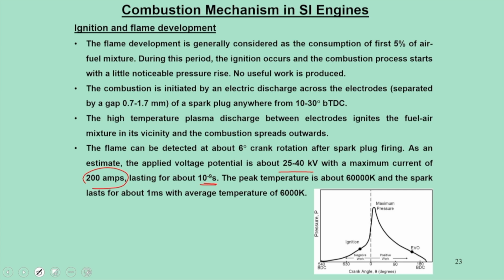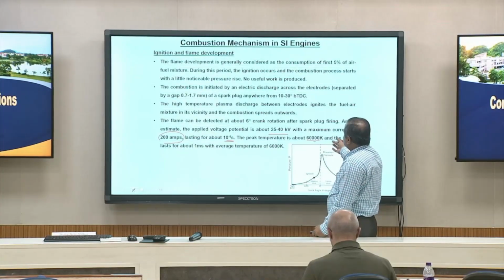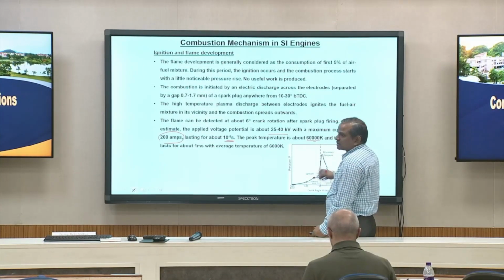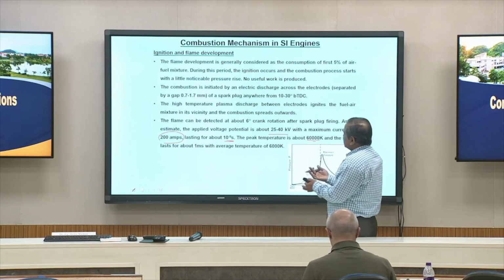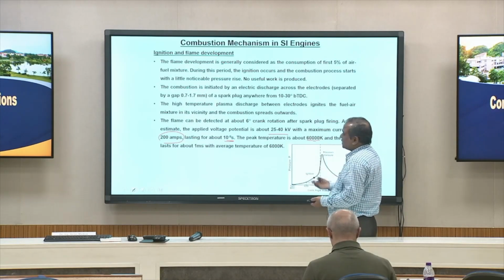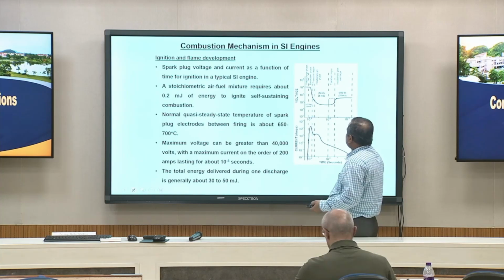And during this time the temperature shoots up to a very large value, because of the lasting period of the combustion. However, you really do not have to bother so much about temperature, because whatever happens, happens at a nanosecond level.